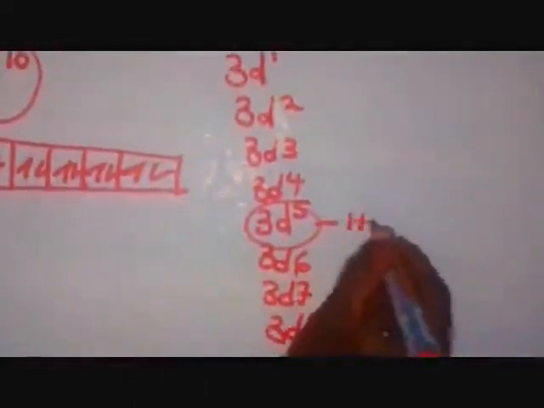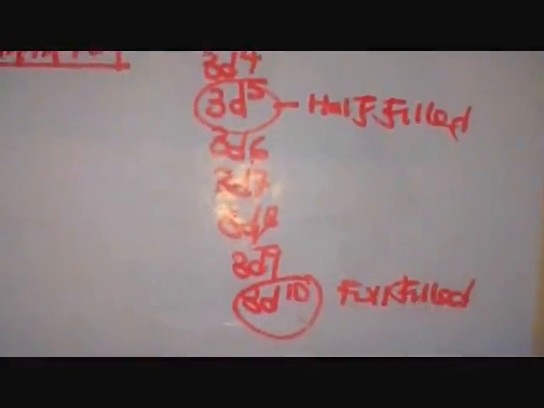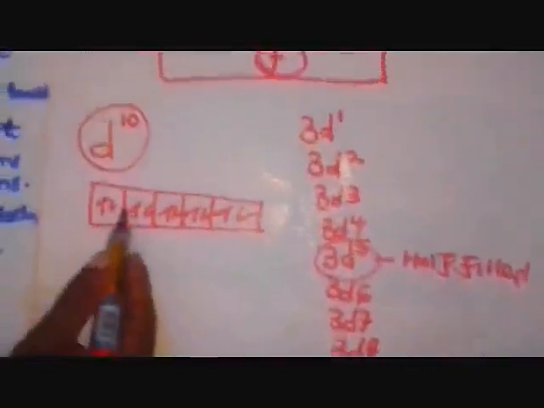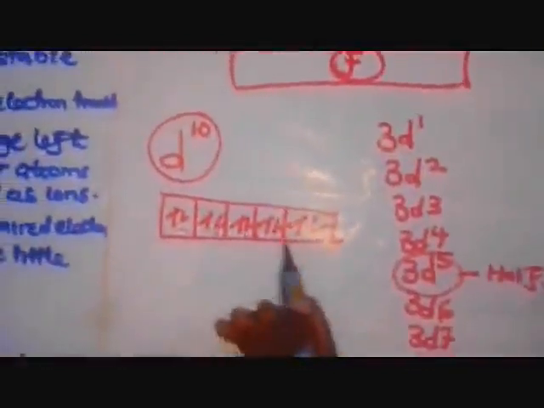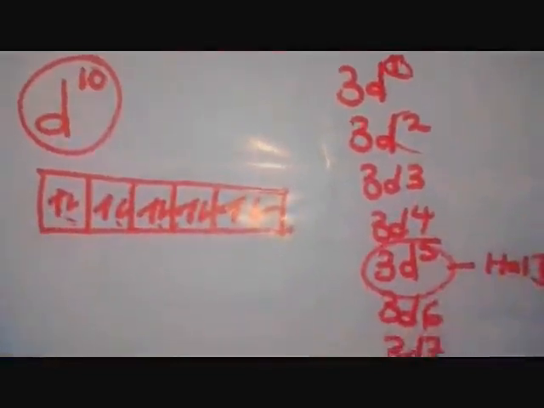Now I'm going to eliminate this and this. This one we say is half filled, and this one is fully filled. If you form an ion which is fully filled, it means all the orbitals are filled, while this is half filled, and so on.